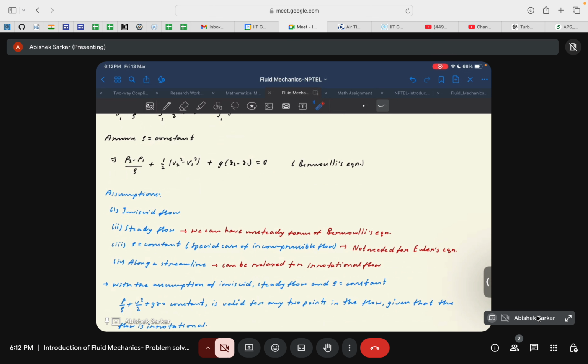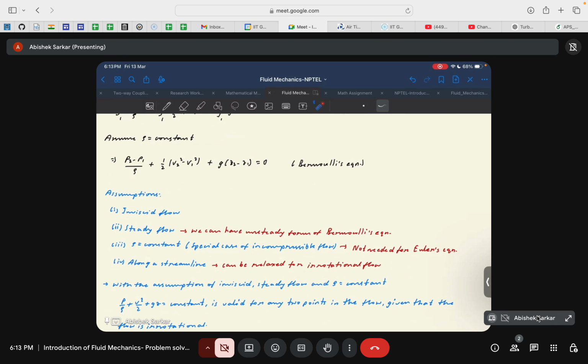This is the assumption that people usually miss or make the most mistakes in: in an arbitrary case this equation is only valid if the two points are along the same streamline. But as it is written here in red, this approximation can be relaxed if the flow is irrotational.